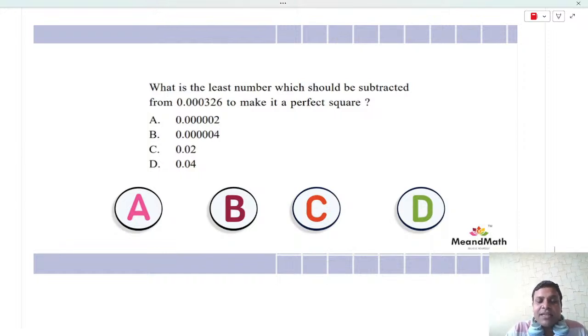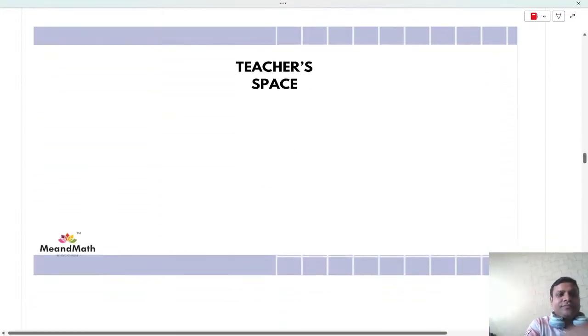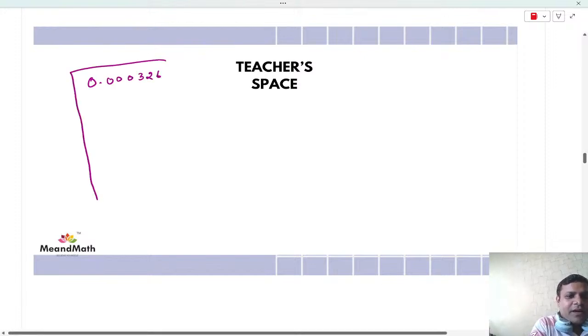If the question is related to division and multiplication, then we have to use prime factorization. So for 0.000326, you have to use the long division method.